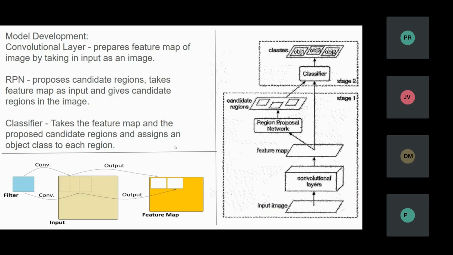After passing through the whole image, a complete feature map of this image is created, which is later passed on to the region proposal network, which gives us the candidate regions, which comprise the whole of stage one. And in stage two, we classify those candidate regions and assign them to the object classes they belong to.